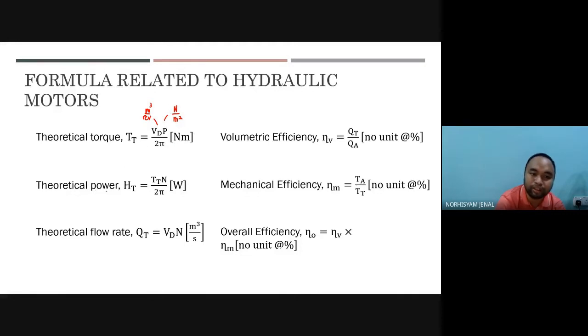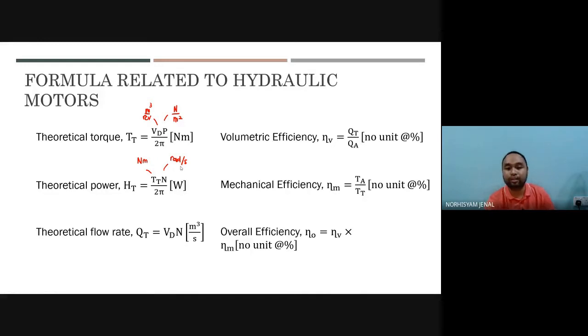Theoretical power, HT, or this can be H, can be P, W dot, any notation will do. It will be TT times N divided by 2 pi. Theoretical flow rate will be VD multiplied by N in meter cube per second. This one TT should be in Newton meter, N should be in radian per second.